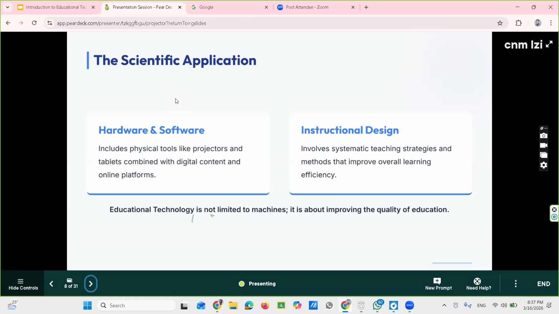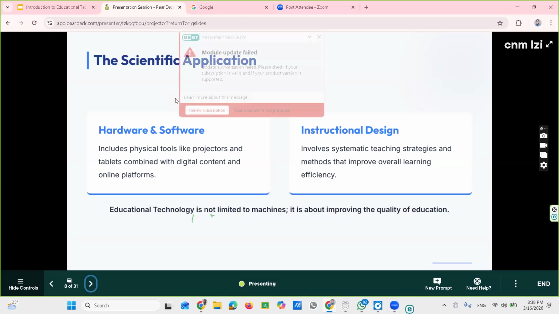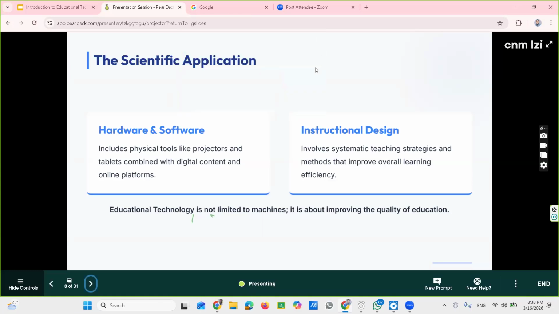The main software used to deliver my lesson: I am mainly using Google Slides, not PowerPoint, and another application called Peer Deck.